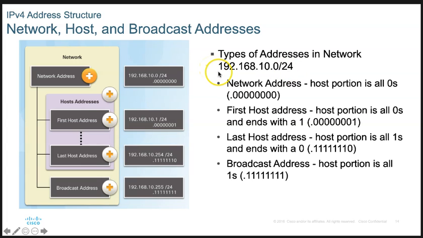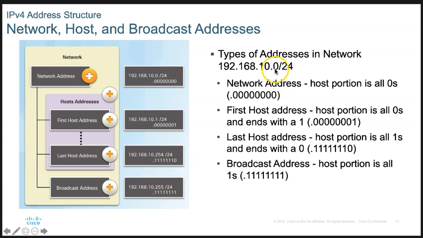Sometimes you may be given a network address such as this, and you'll be asked to find all the host IDs, all possible host IDs within this network. Again, there is a mathematical procedure to find that. We started from 0.